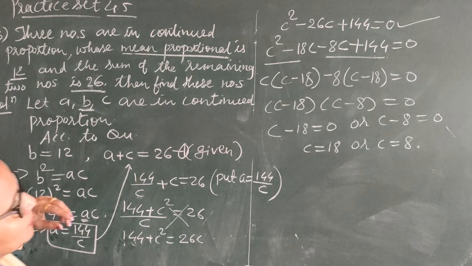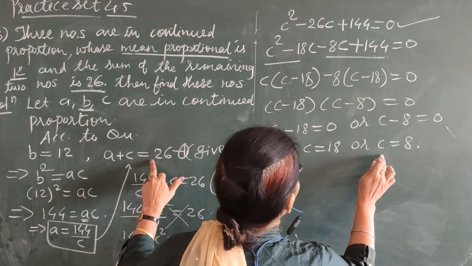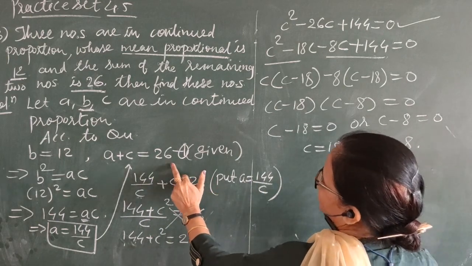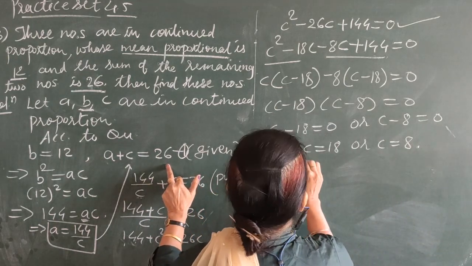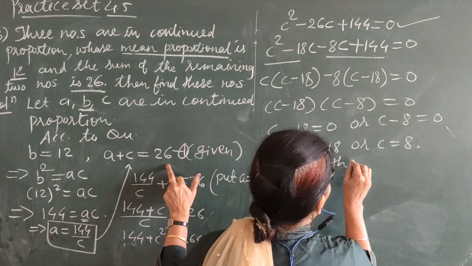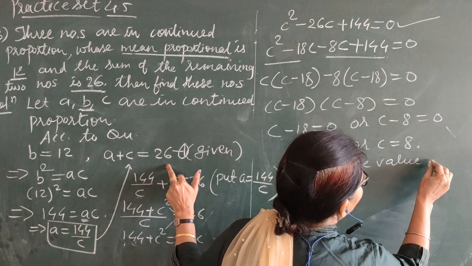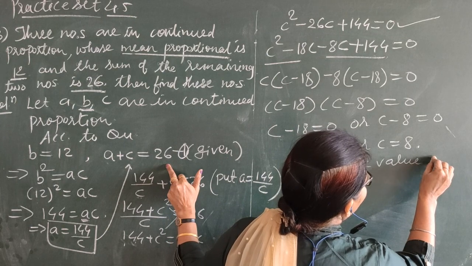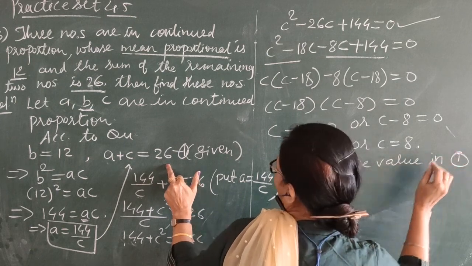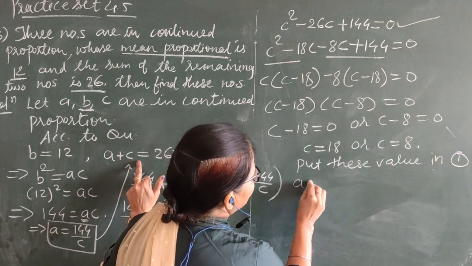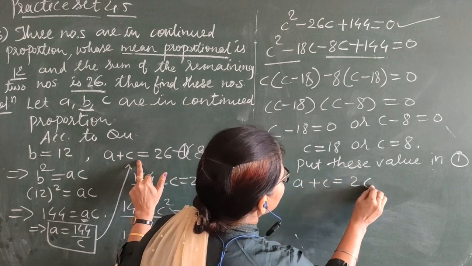Now let's put these values in 1, and what is your 1? A plus C is equal to 26.